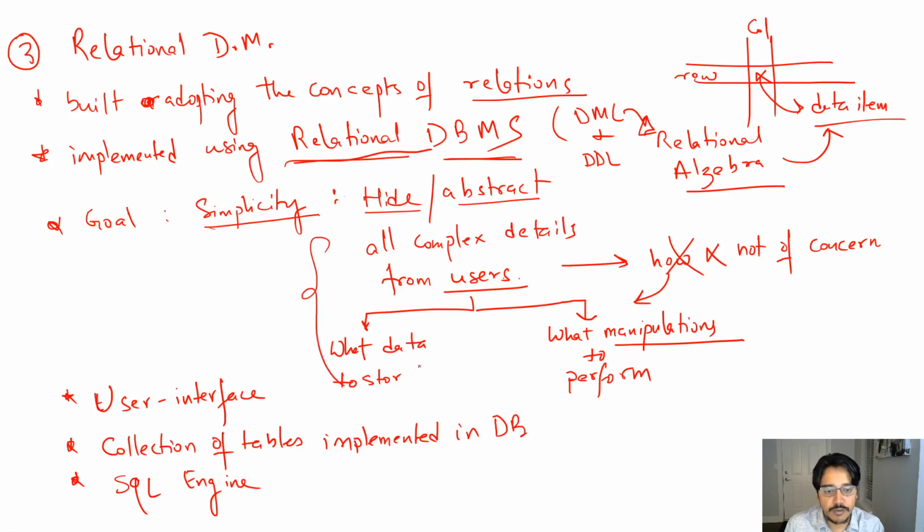You don't have to know the internal details of how things need to be implemented, and you can focus on the what parts of what you actually want to store, what kind of manipulations you want to do. But there is still an essential feature that was missing from the relational model, which is simplicity of the design illustrations, the representation of the design itself, right?